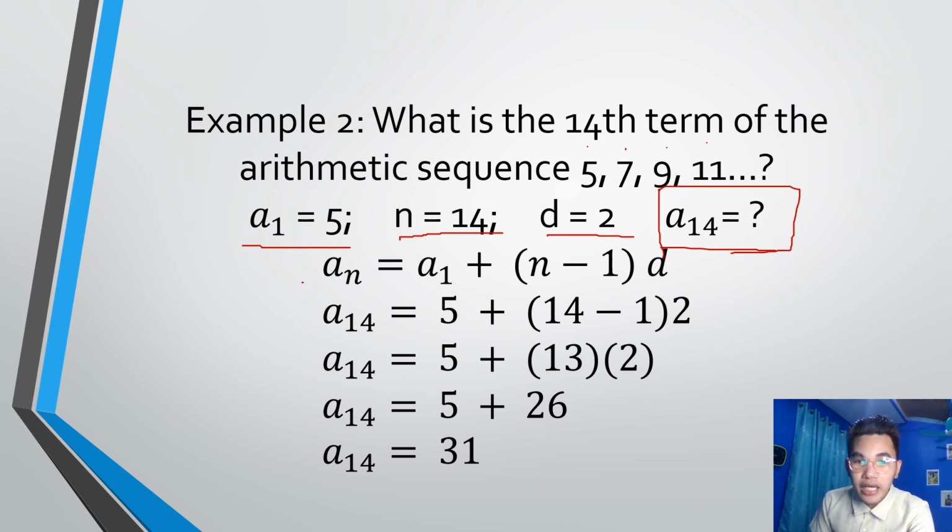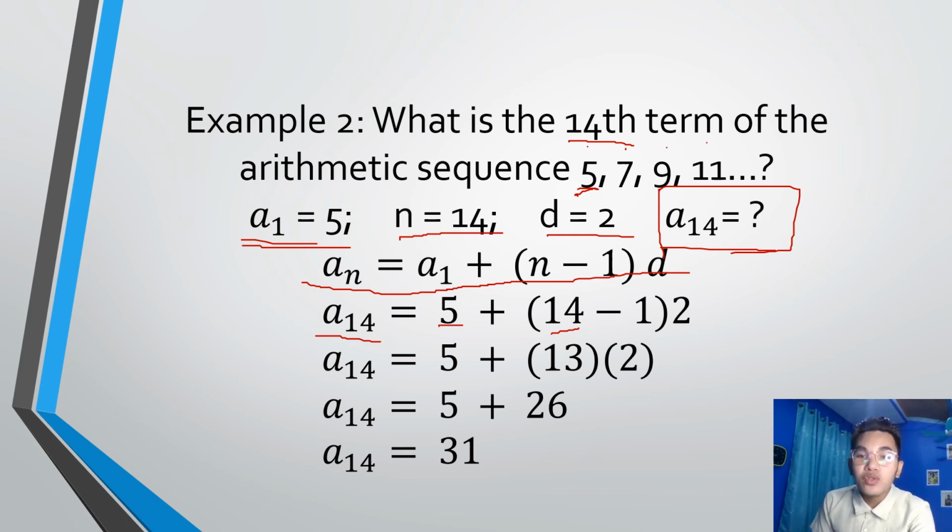So, using the formula a sub n is equal to a sub 1 plus quantity of n minus 1 multiplied by d. We have a sub 14. Then, a sub 1 is given as 5. Put 5 here. Then, the number of terms. Since we are looking for the 14th term, put 14, minus 1 as in the formula.